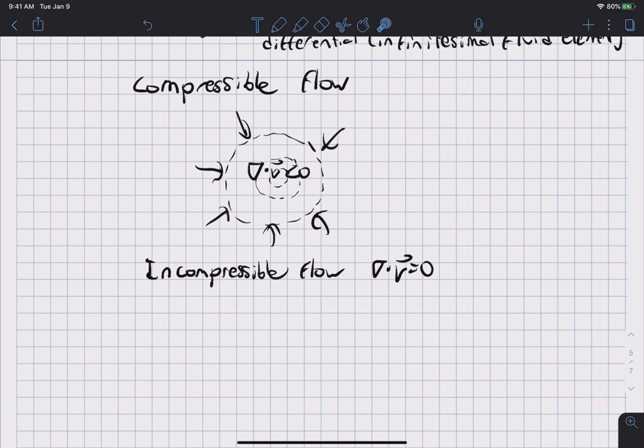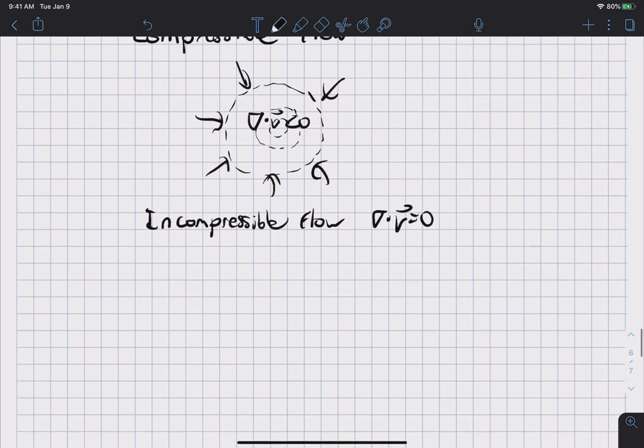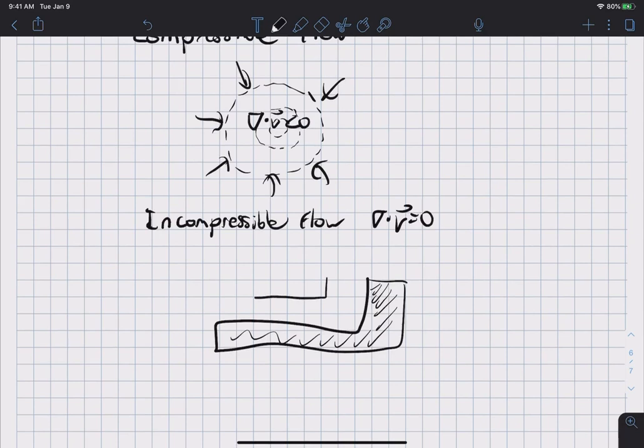So you can think of if I have some sort of weird fixed geometry here, like this, and I have a glob of fluid over here that looks like this.